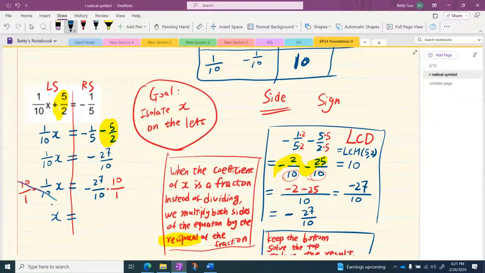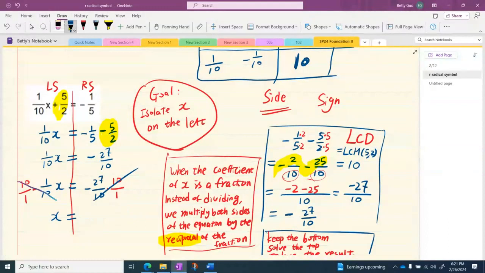On the right side, look at that, it's gone as well, right? The two tens are going to become 1. So on the right side, we only have -27. Basically, what we have is -27/1 times 1/1, and times 1 is just nothing. 1 is the multiplicative identity.